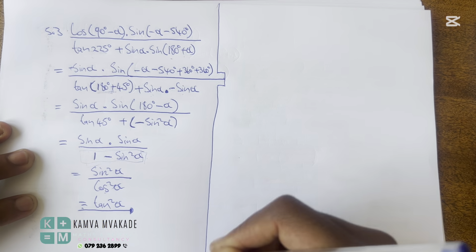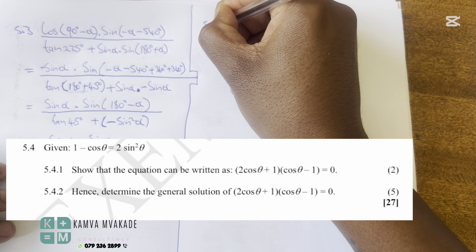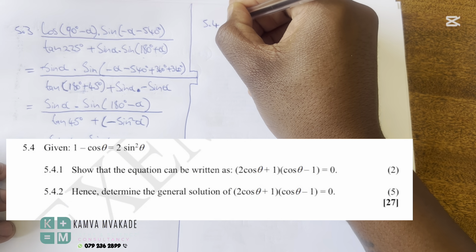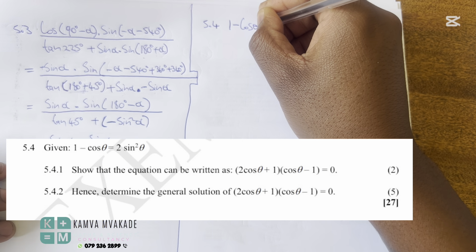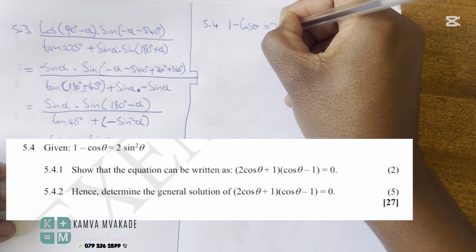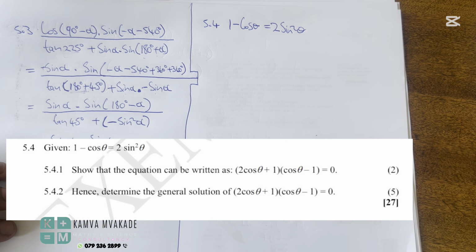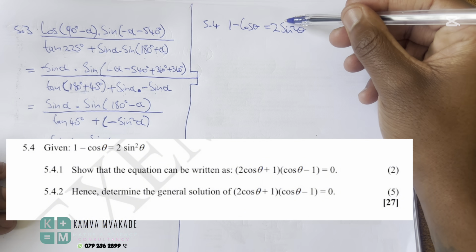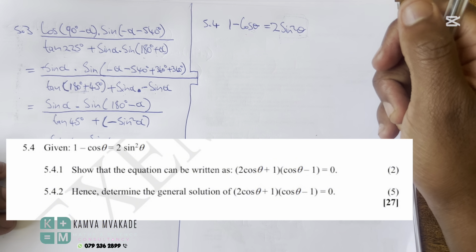Now let's look at 5.5.4. Now 5.4 is 1 minus cos theta is equal to 2 sine squared theta. Now what we need to do is represent this in terms of cos, because you can see we have cos there.